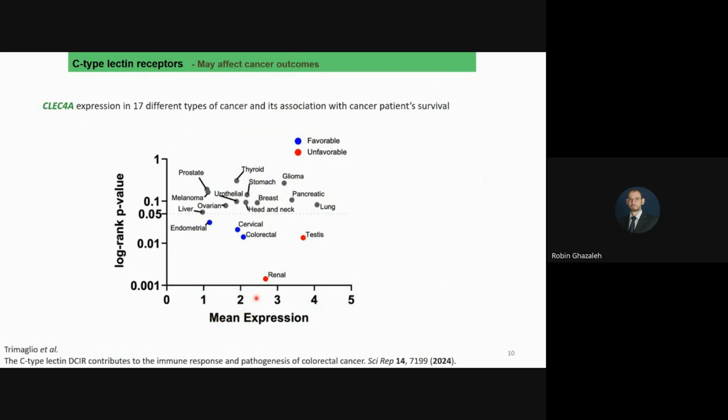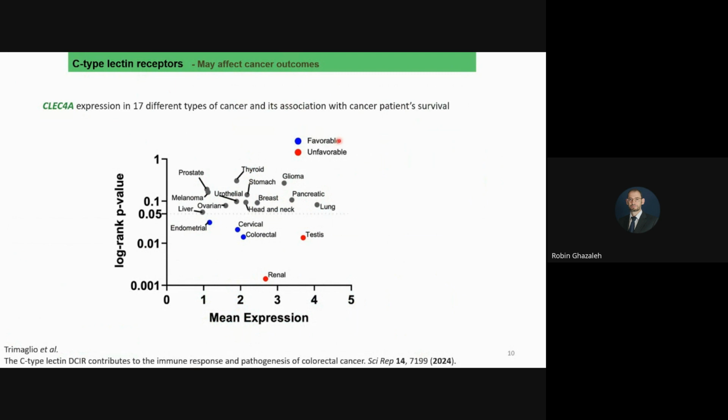So as we come along the scale, we have more and more gene expression. The gene we're looking at is one of these C-type lectin receptors called CLEC4A, and looking for the correlation between that and something. In this case, what's being looked at is, within 17 different types of cancer, whether the outcome is favorable or unfavorable.